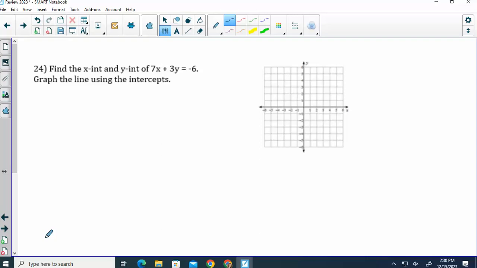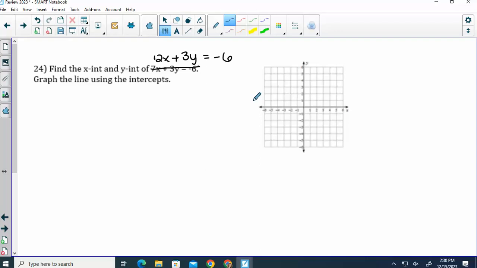Can I make a change to this problem so it works out a little bit better? Let's make it 12x plus 3y equals -6. It'll be a little bit nicer.